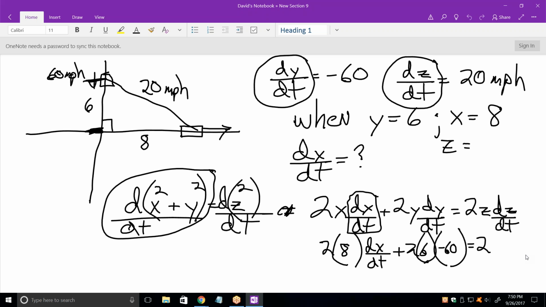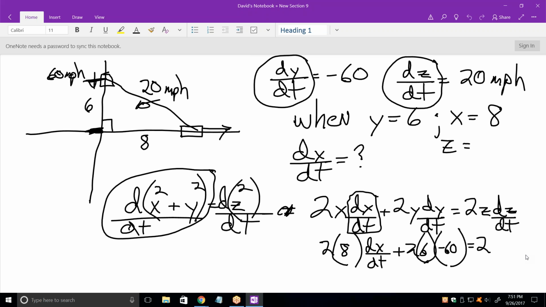In other words, what is this measurement when y is 6 and x is 8? It's a 3, 4, 5 triangle. This is a 6, 8, what kind of triangle? 6, 8, 10. In other words, the z measurement is 10 when y is 6 and x is 8.